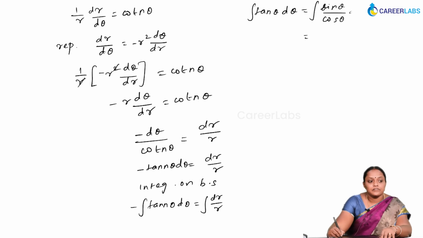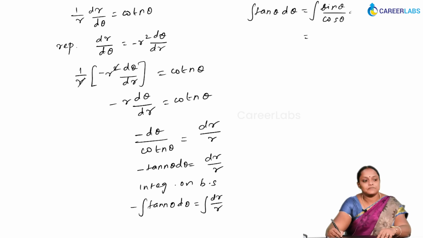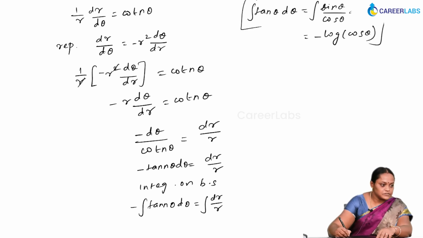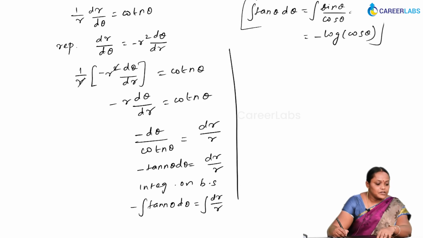So whenever the differentiation of the denominator appears in the numerator, we can write it as log of the denominator. Here a negative sign is missing, so this is equivalent to minus log of cos theta. Okay. So this is the hint we are going to use. So for integral tan n theta, already we have a negative sign, and for integral tan n theta it is minus log of cos n theta.